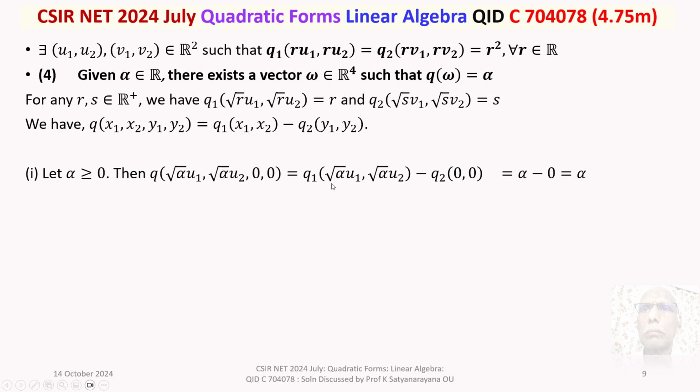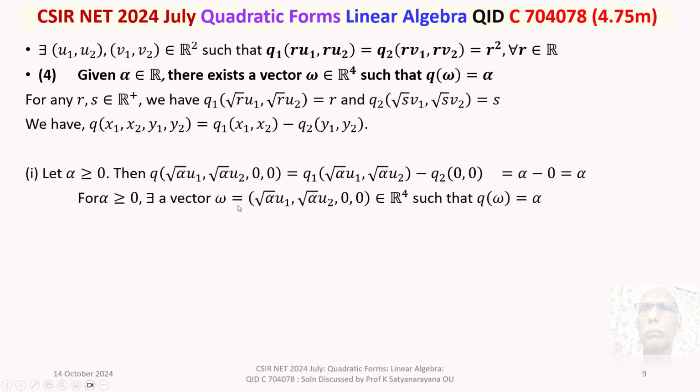Q1 of (root alpha u1, root alpha u2) is root alpha square, that is alpha, minus 0, equal to alpha. Thus for any alpha greater than or equal to 0, there exists a vector omega equal to (root alpha u1, root alpha u2, 0, 0) belongs to R power 4 such that the value of Q at omega is alpha. Now let alpha be negative.